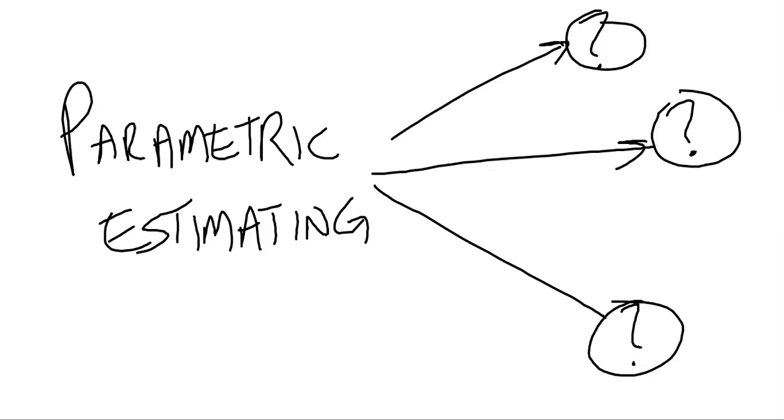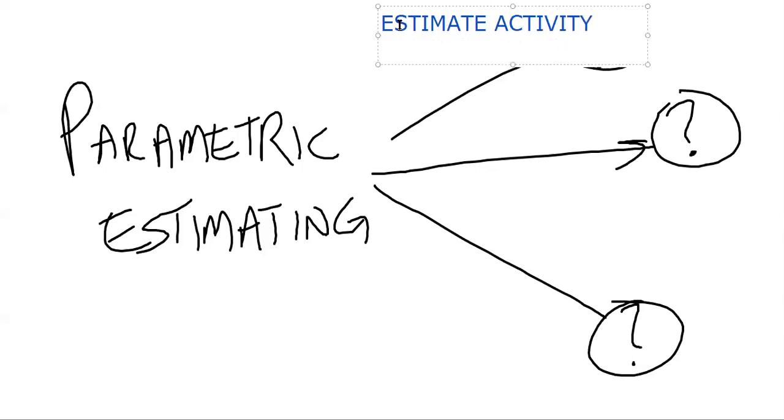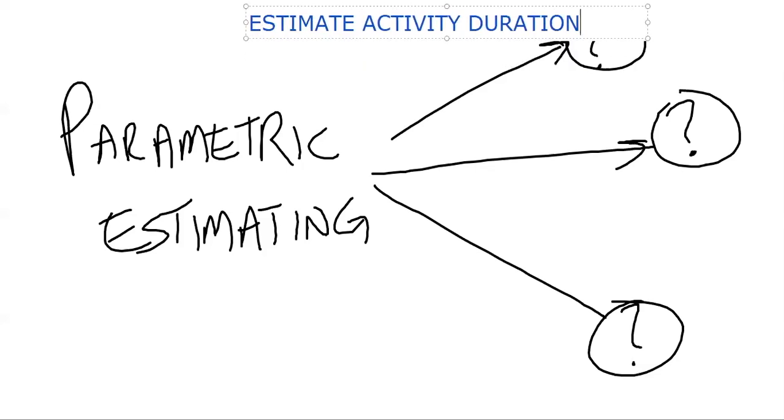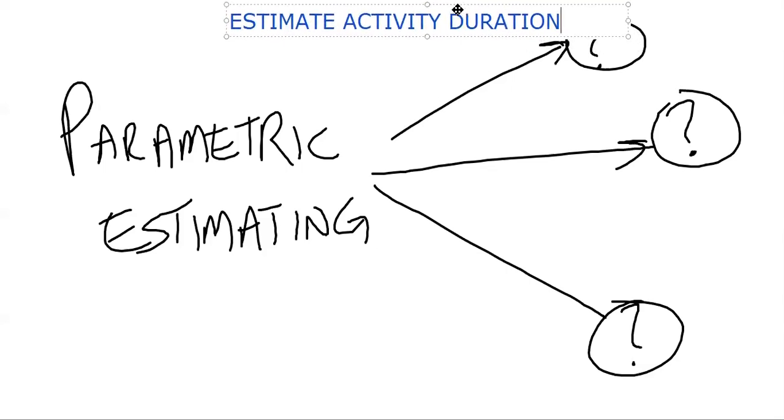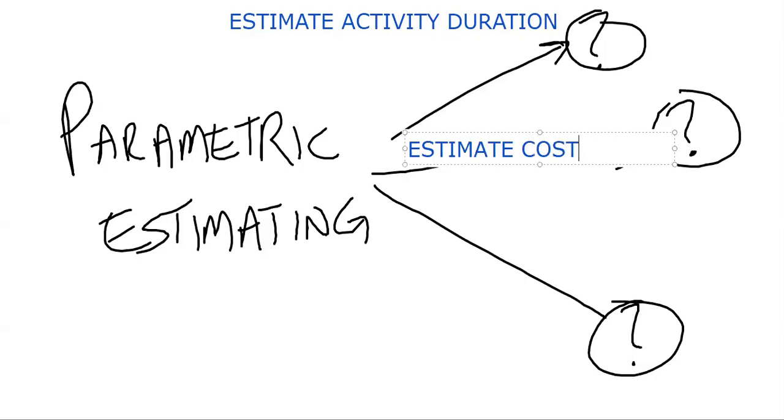All right, 3, 2, and 1. The answers, my friends, first of all, estimate activity duration. Estimate activity duration. Estimating how long each activity will take. The second one is estimate costs.